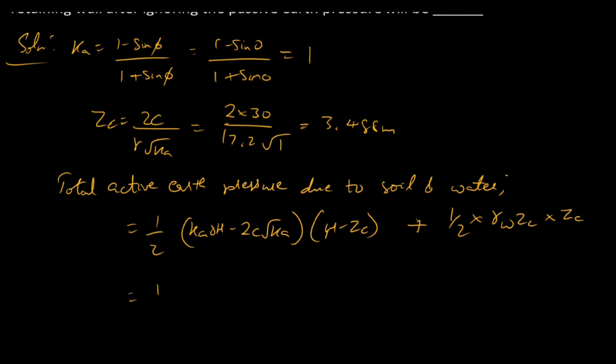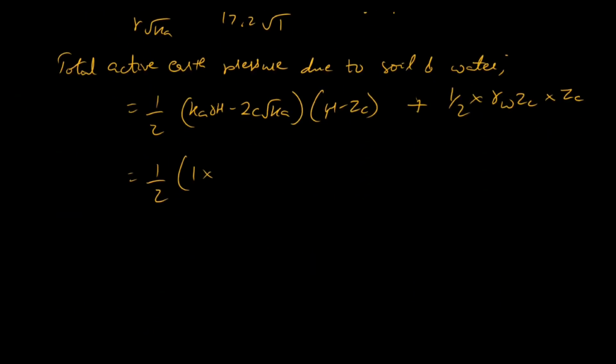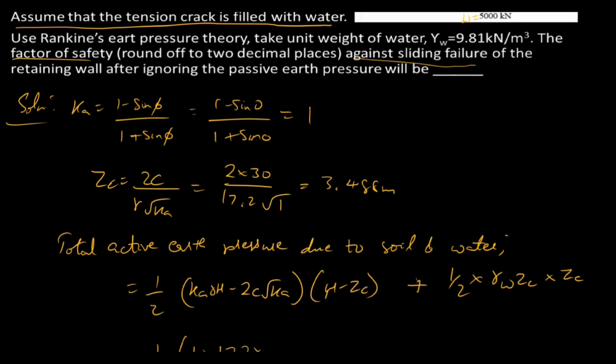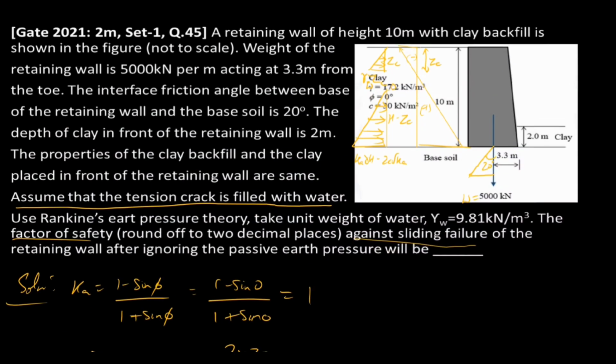So we will get 1 by 2 into Ka, which is 1, into the saturated weight of the clay layer, which is 17.2, into H. H will be 10 meters, minus 2 into the value of C.